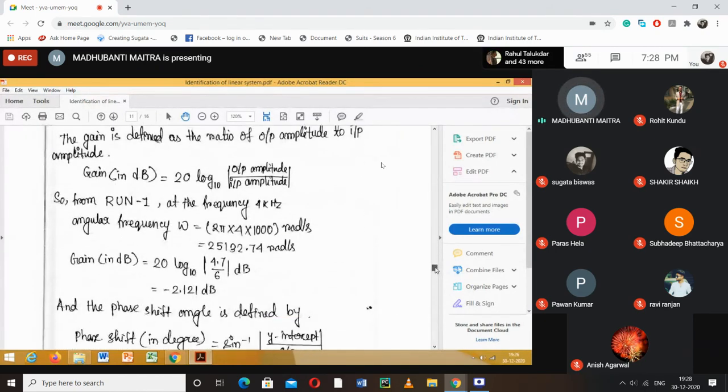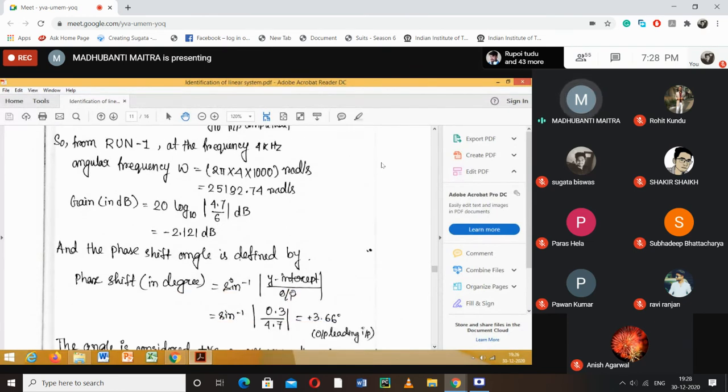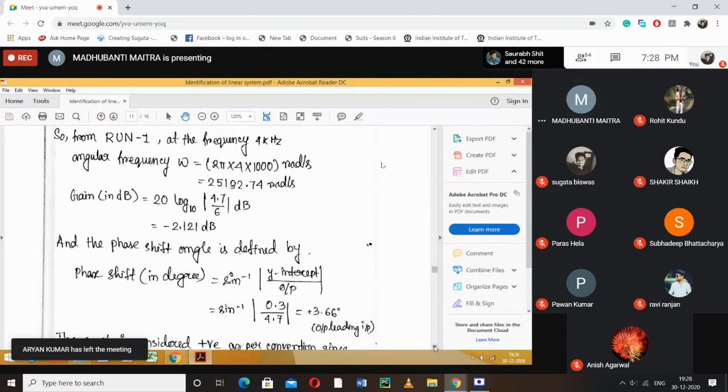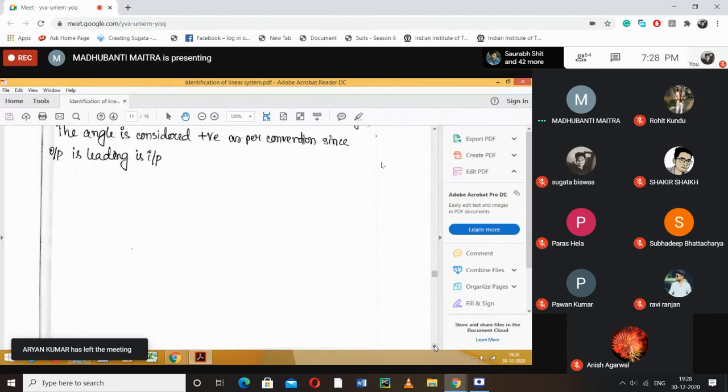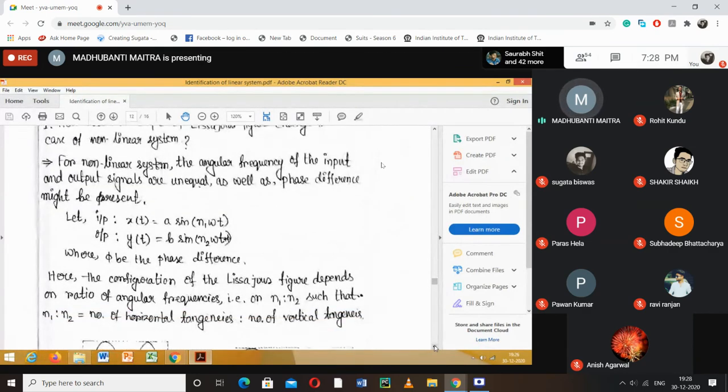sample calculations, already I have told you: output amplitude by input amplitude, that means 2b by 2a, and this one, y-intercept by output, that means 2c by 2b. So this is the report part.